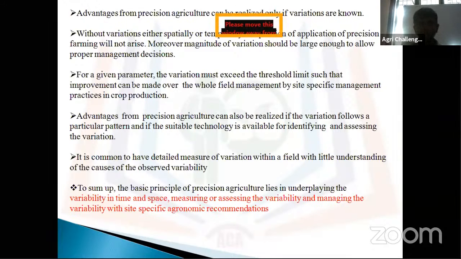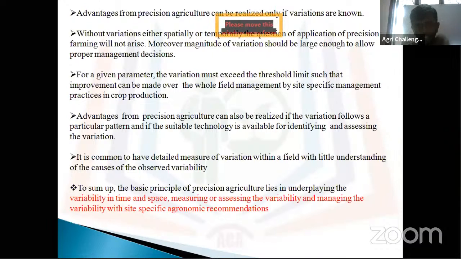It is not cost effective. The cost is more than triple or quadruple your advantage. So you have to consider the variation, and at the same time the magnitude of variation, the quantity. The magnitude of the variation should be large enough to allow proper management decisions.